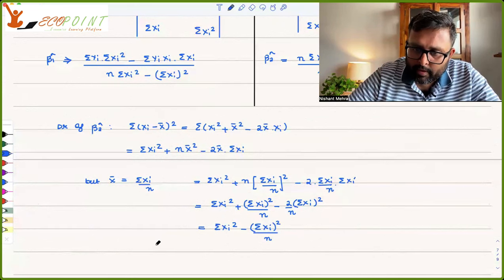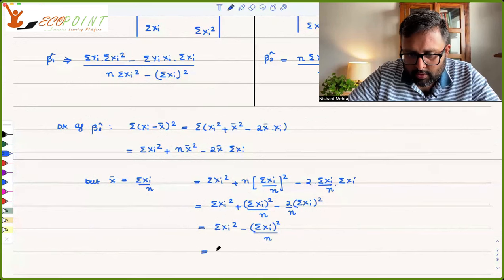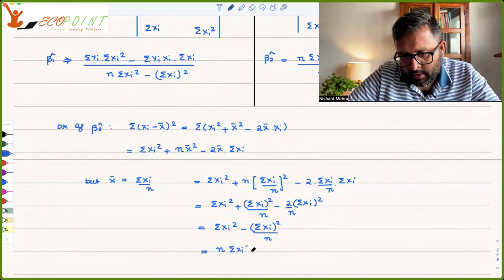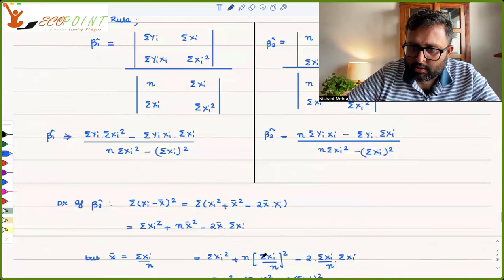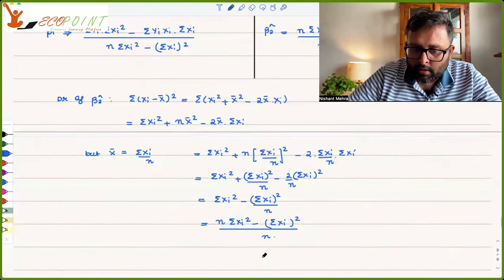You with me? So this thing is n summation of xi square minus summation of xi whole square upon n. Are you with me? So your denominator is what?